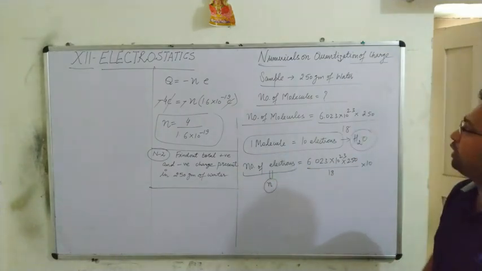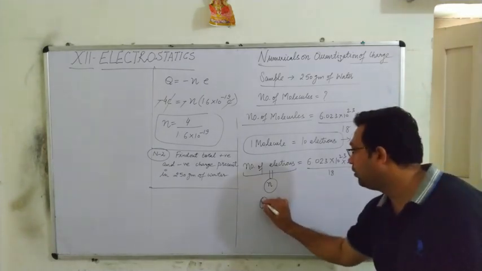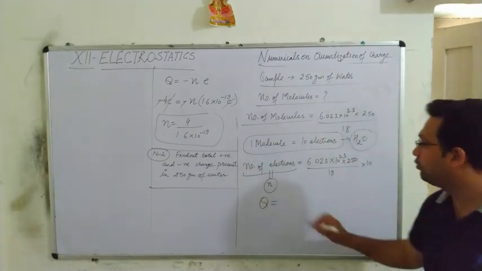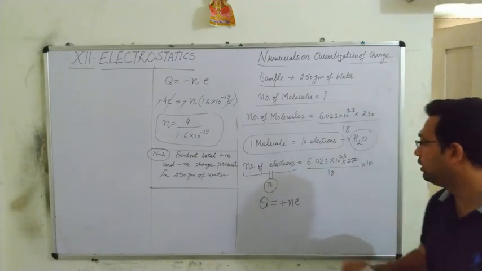And what we have to find out? Total positive charge and total negative charge. Now we can take the formula of quantization of charge, that is Q = +Ne.